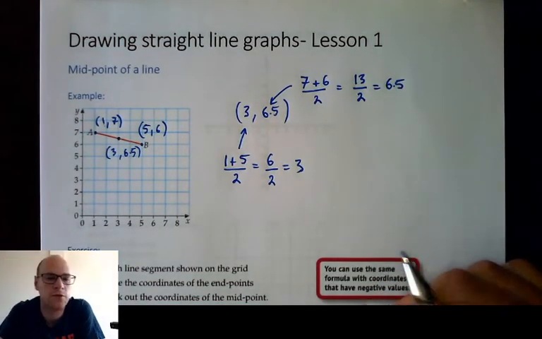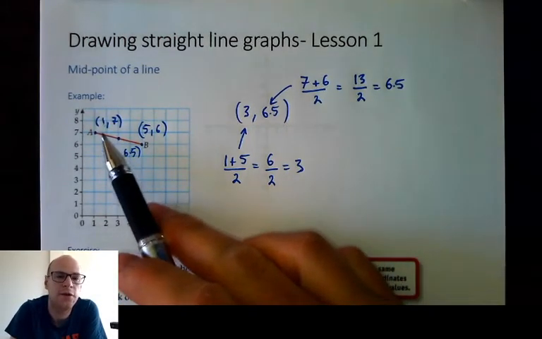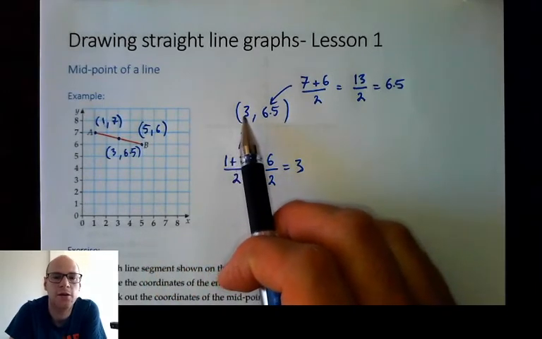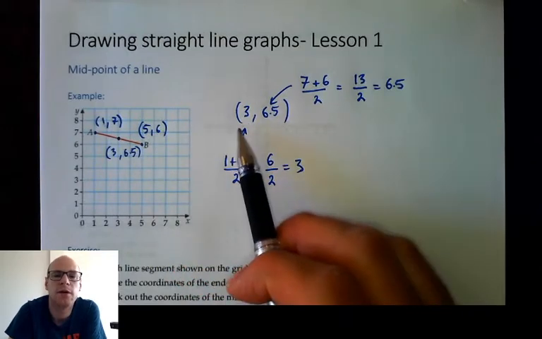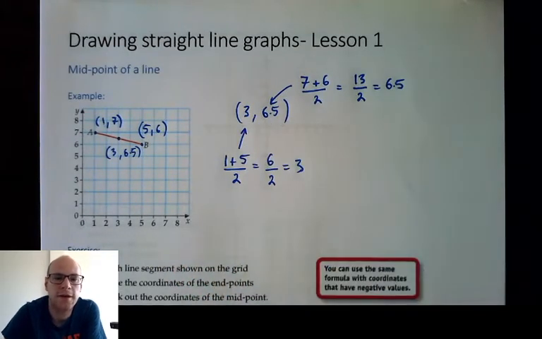So if you don't want to draw it out, what you can do instead is add together the two x coordinates and halve it, which gets you the x coordinate of the midpoint, and add together the two y coordinates and halve it, and that gives you the y coordinate of the midpoint. So that is how to find the midpoint of a line segment.